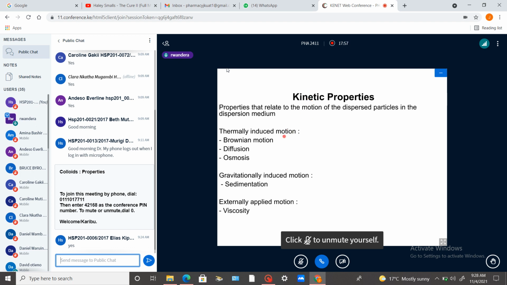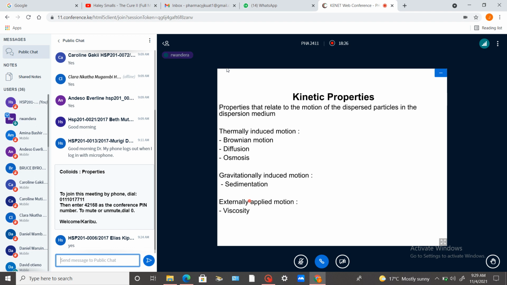So we have thermally induced motions, whereby we'll have Brownian motion, diffusion of the colloidal dispersion, and osmosis. We also have gravitationally induced motions, and this will arise due to the sedimentation of your colloidal particles in solution.